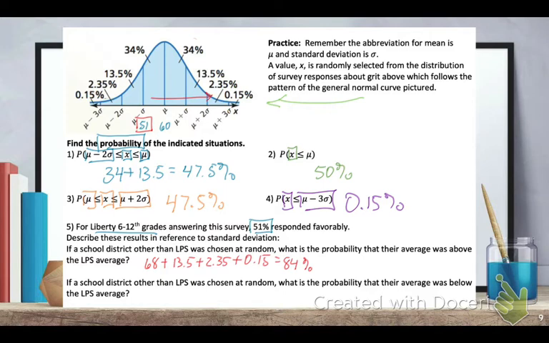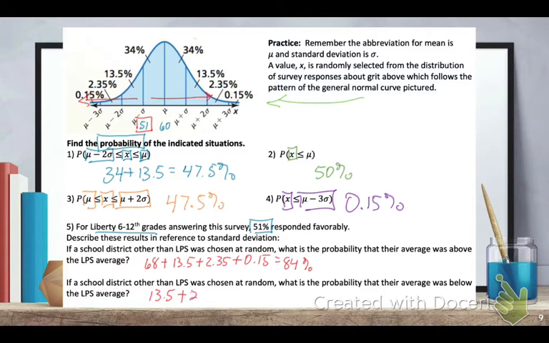Now, if a school district other than Liberty was chosen at random, what's the probability that their average would be below? So looking back up at the chart, that would be to the left of where Liberty is scoring. So that would be the other side of 84% out of 100, which is 16, but we can also add up the percentages. Whoops, I just need 13.5.